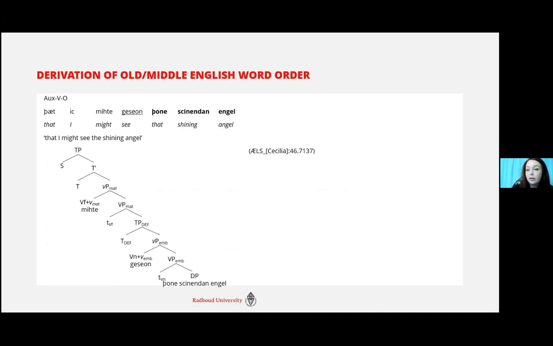This is a clause in which no information structural related movements take place. So we have an auxiliary in the higher little VP and the verb in the lower little VP, and then we have the object donation and engel in the basic position as the complement of that big VP.